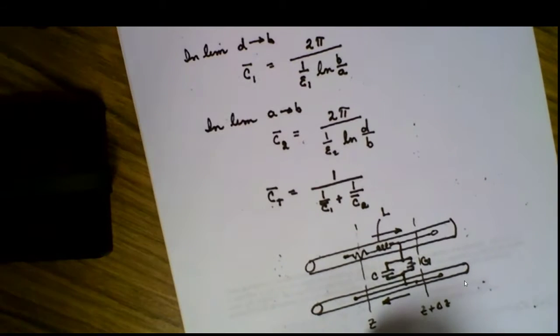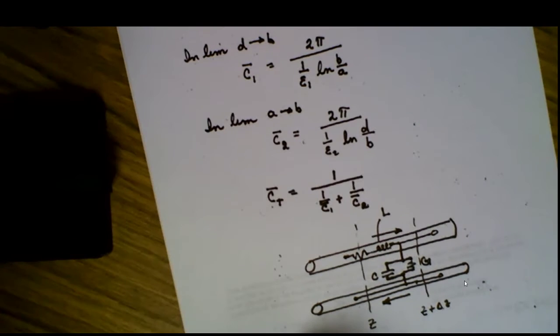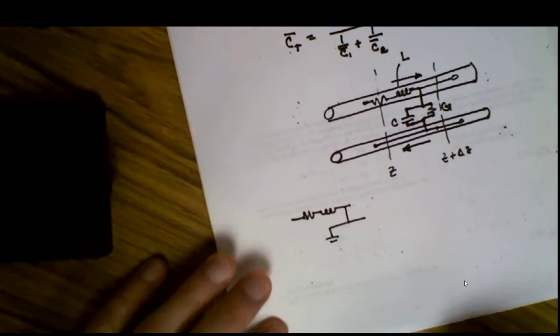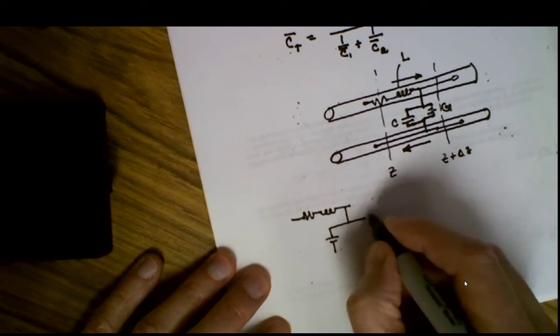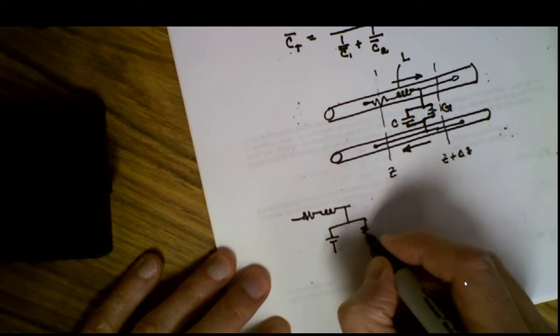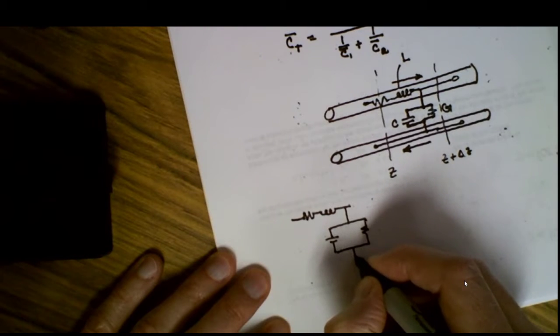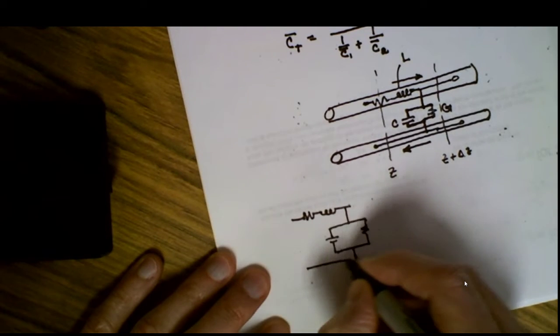Let's redraw that circuit model, and it's only valid between Z and delta Z. So here's our model. We've got this resistor, this inductor. We have a capacitance effect, and we have a conduction effect, and that's just for the first delta Z distance.